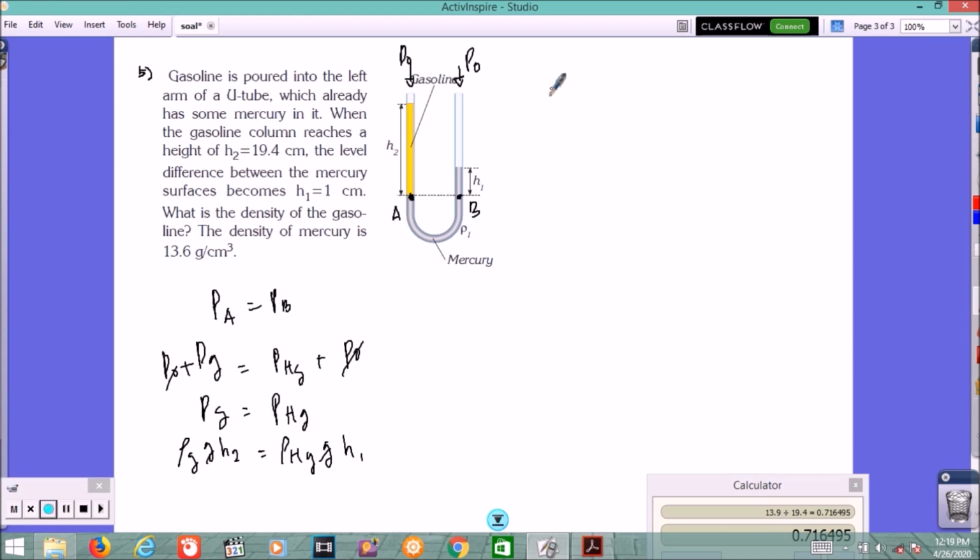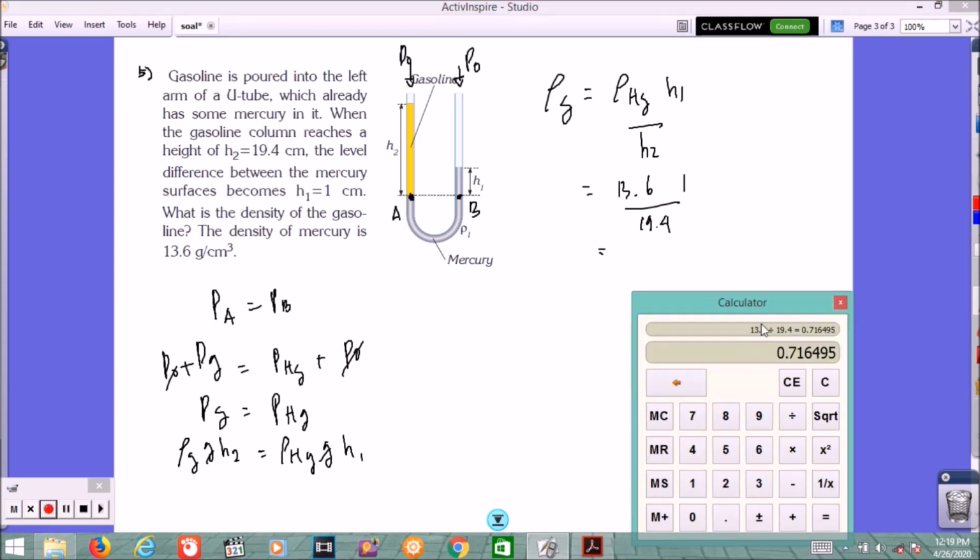Directly we can cancel the G. So rho gasoline equals rho Hg, mercury, times H1 over H2. This one 13.6, H1 is 1, H2 is 19.4.